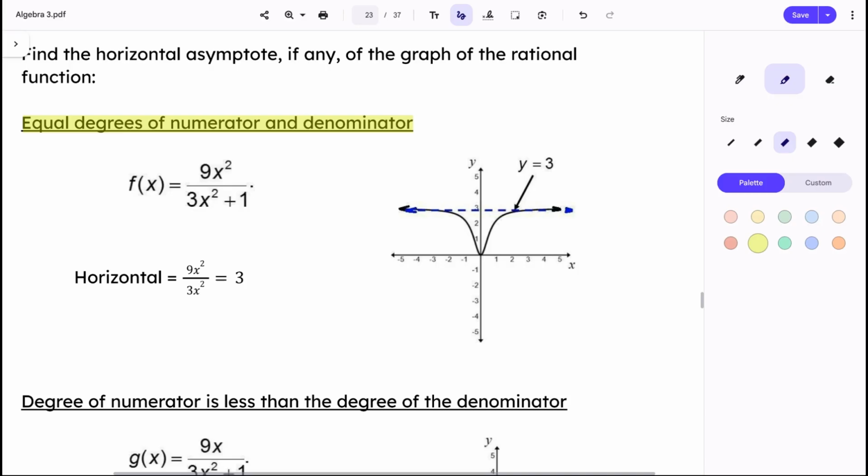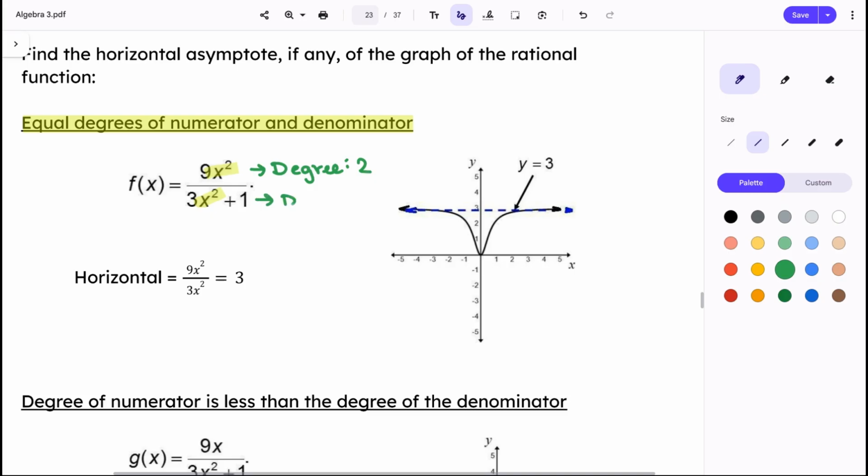So remember, equal degrees just means that the top and the bottom would have an exponent that's the same amount. So you can see on this one here how they both say x squared, x squared. Do you guys all see that? The top has an x squared and the bottom has an x squared. Those are equal degrees because they're both squared. Okay, I'm just going to write that next to it. This has a degree of 2, and this has a degree of 2.